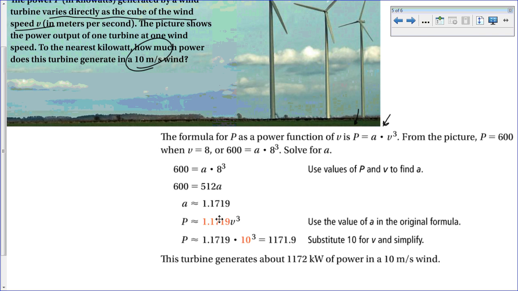Then you can solve the real question that they asked you, which in this case is to the nearest kilowatt, how much power does this turbine generate at 10 meters per second? So we just plug in the 10 for V, multiply it by A, and then round, and we get our answer. Okay, not too bad.